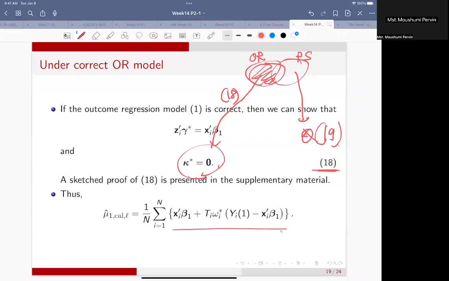Okay. That's the outcome model. So then all you have to do is compute the mean and variance under the outcome model. So under the outcome model, the second term has zero expectation. Then the first part is the mean part, right? So that is unbiased.